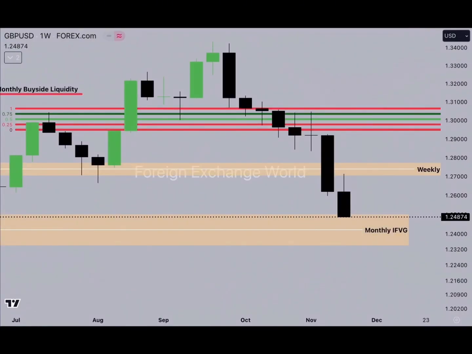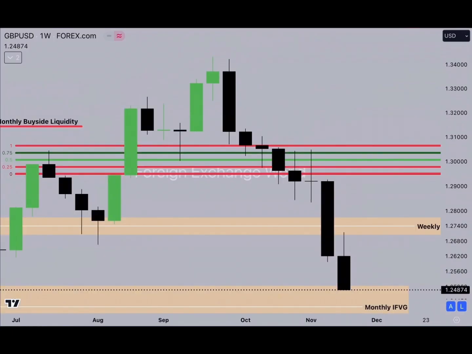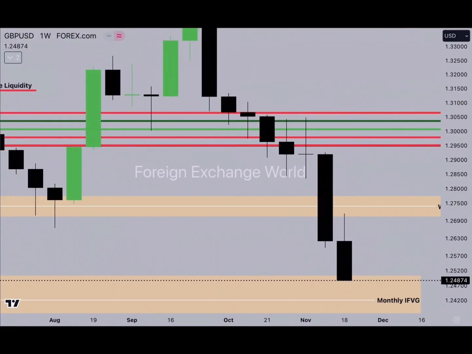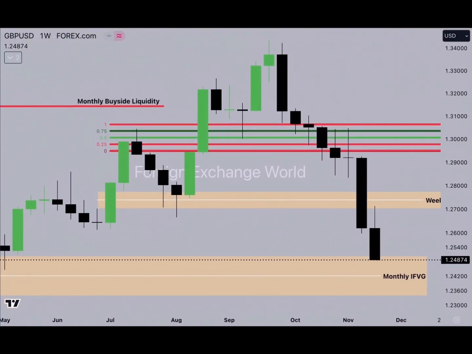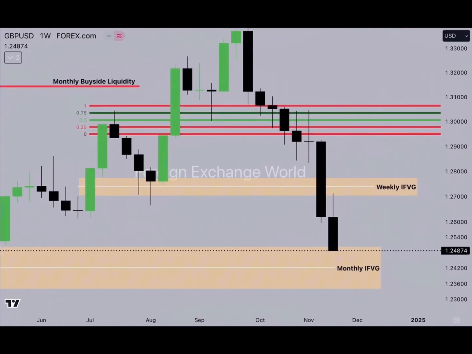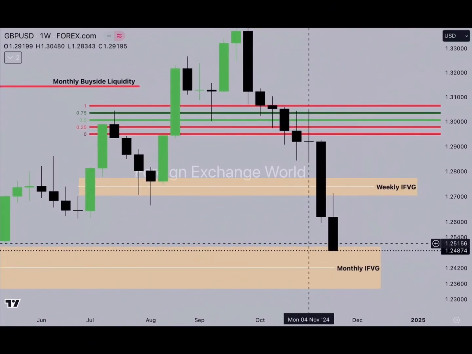On this chart, you can see that what I just spoke about really transpired. The price of GBP USD went lower as we anticipated last week.